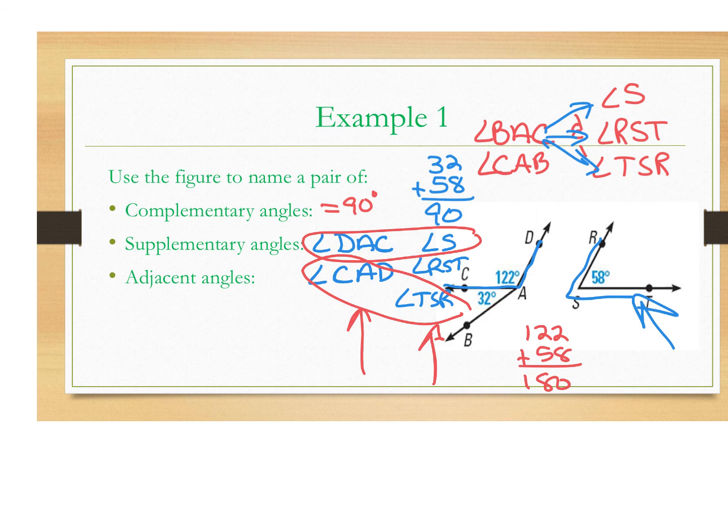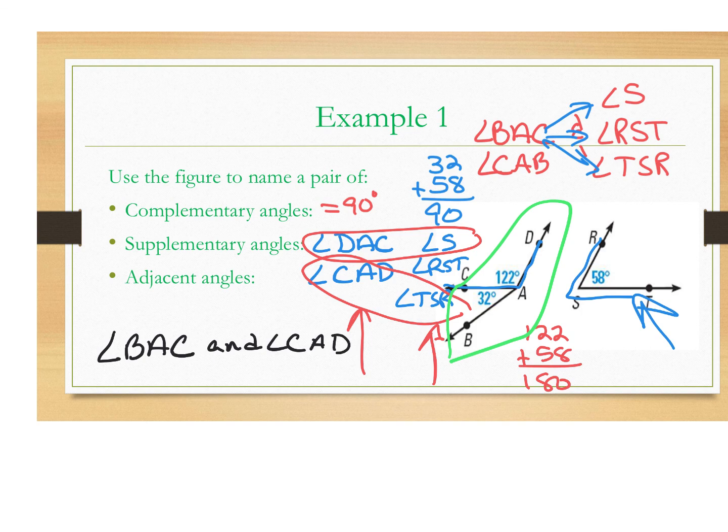Adjacent angles are 2 angles that have a common side and a common vertex. So my adjacent angles are sitting right here. So I could, again, name them with 3 letters. So you can say that angle BAC along with angle CAD.